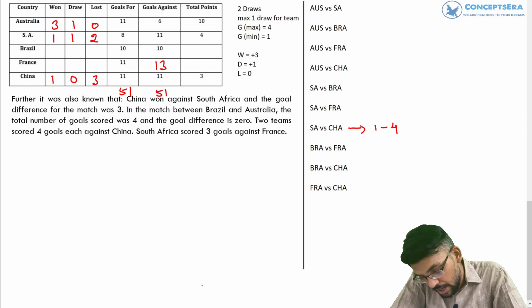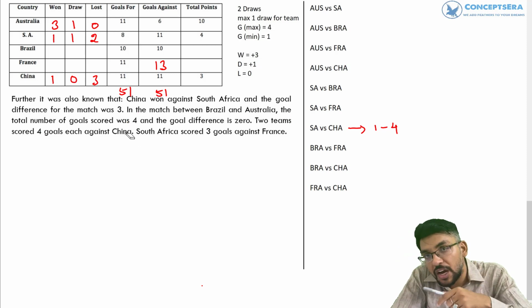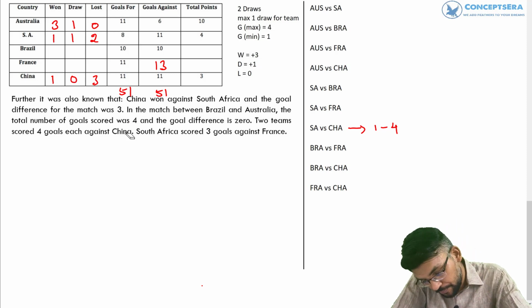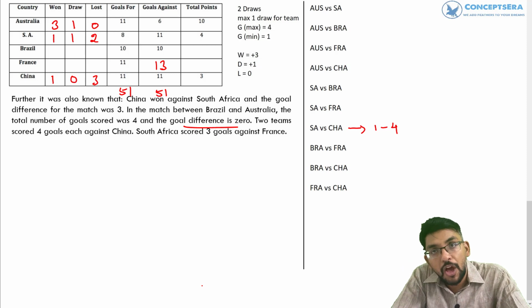Let's read further. In the match between Brazil and Australia, the total number of goals scored was 4. It means goals against in this match and goals for in this match, the summation of this is equal to 4. And the goal difference is 0. Goal difference 0 is only possible when it is a draw.